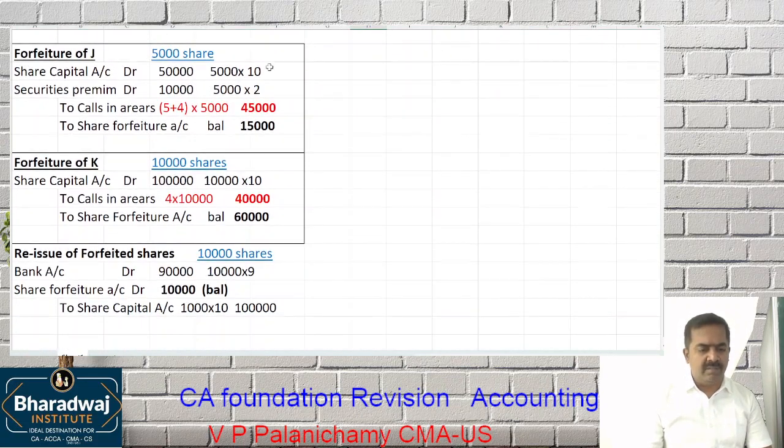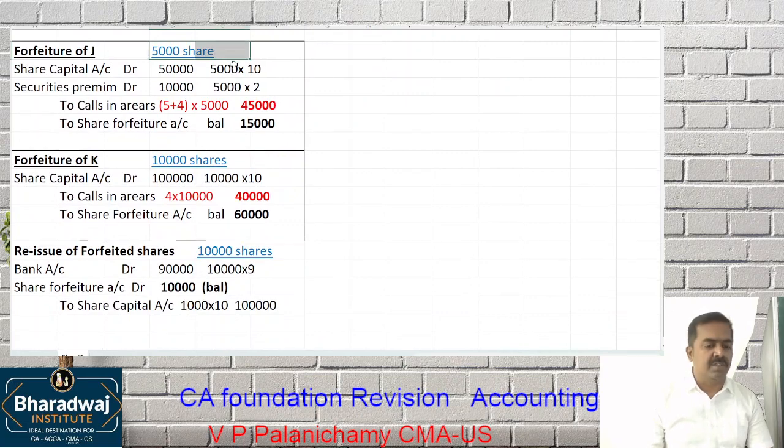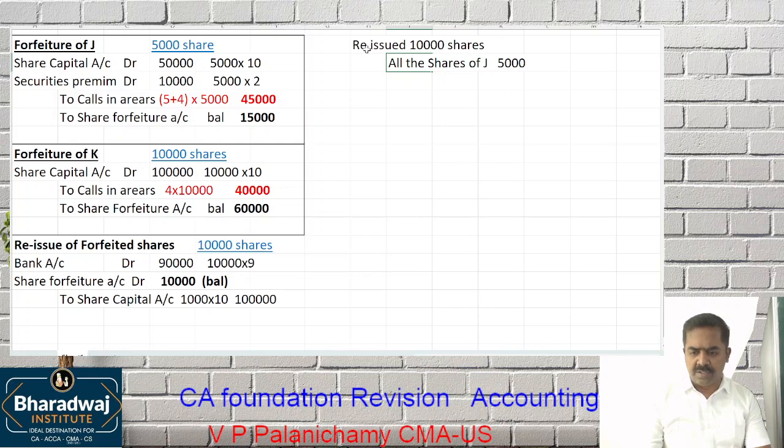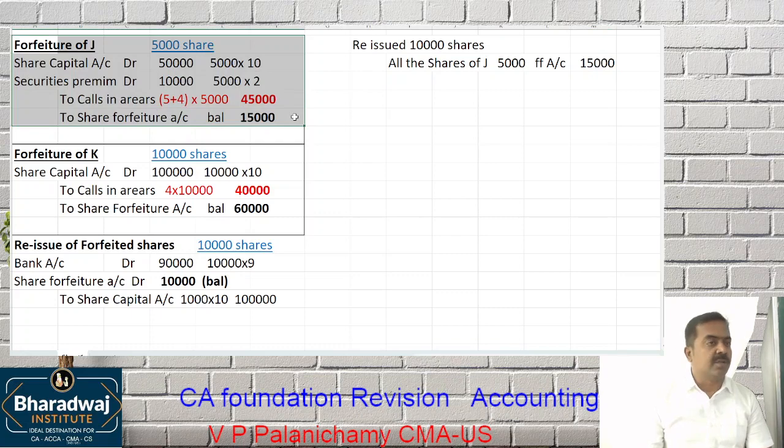While reissuing, we have reissued all the shares of J. So reissued 10,000 shares, which includes all the shares of J. That is how many shares? 5,000 shares. For which what is the forfeiture account? For this J, 5,000 shares, what is the forfeiture account? 15,000.